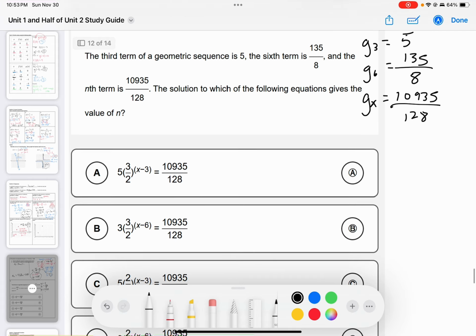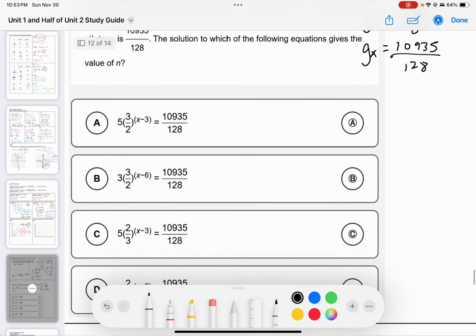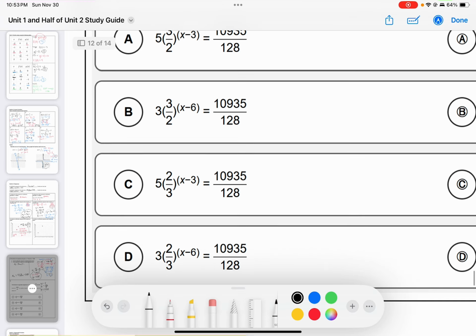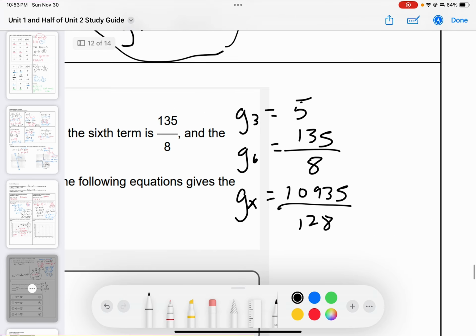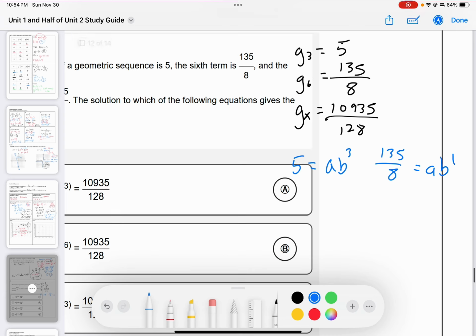Well, let's think about it. I want to figure out what b is, so I can narrow this down. It's either 2/3 or 3 over 2, right? So let's figure out b. We have to make 2 equations, so we can say 5 equals a times b to the third, and 135 over 8 equals a times b to the sixth.